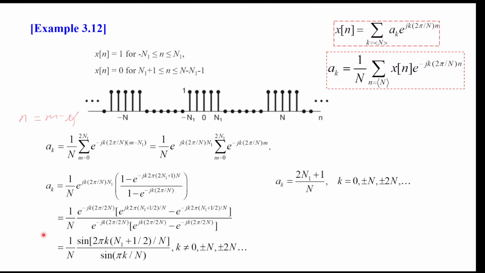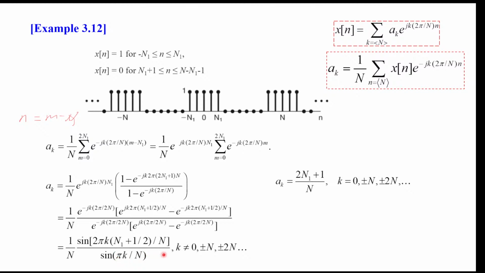So you apply the geometric series formula, skipping a couple of steps of the calculation, and in the end what you get is this sine over sine function: sine of 2 pi k (n1 plus 1 half) divided by N, over sine of pi k divided by N.